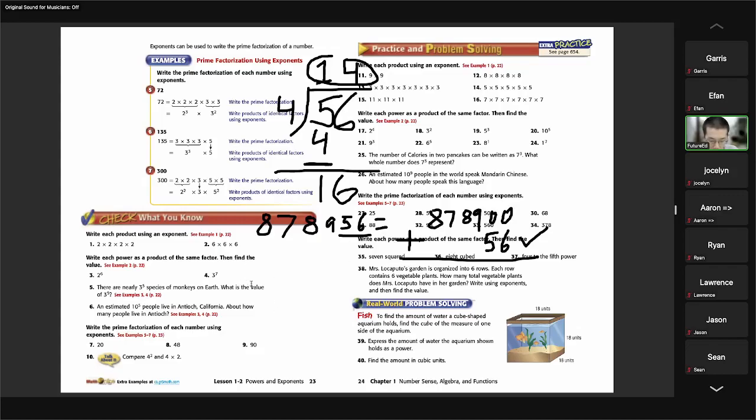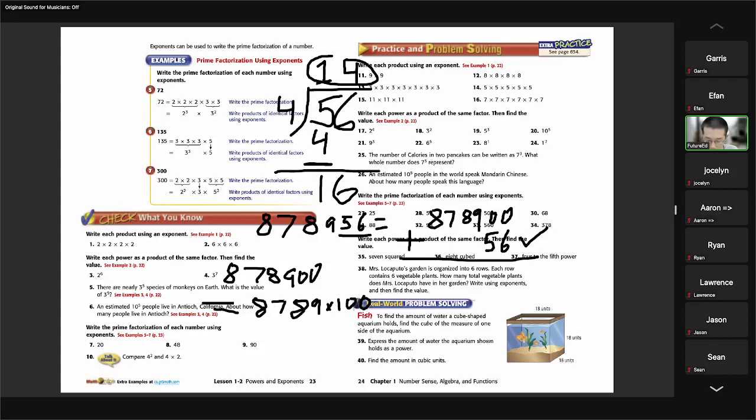If I write this out, 878900 is the same thing as 8789 times 100. And we know that 100, can someone tell me, is 100 divisible by 4? Yes. So what's 100 divided by 4? 25.